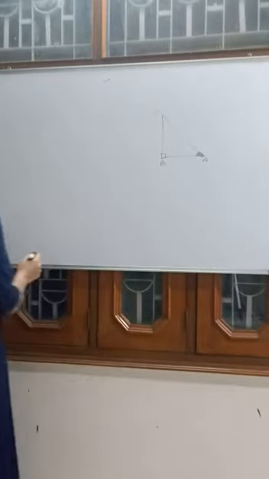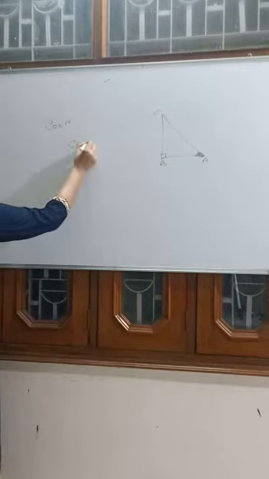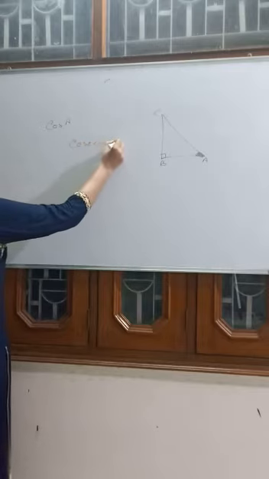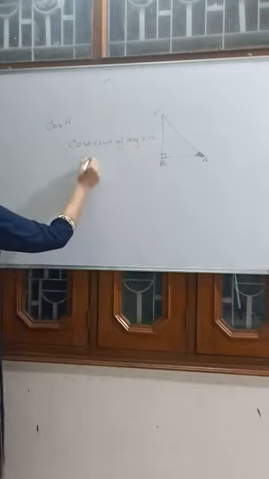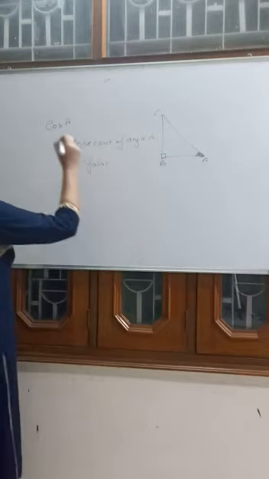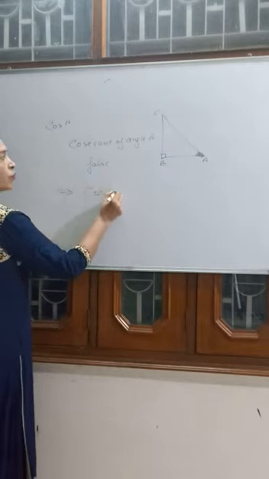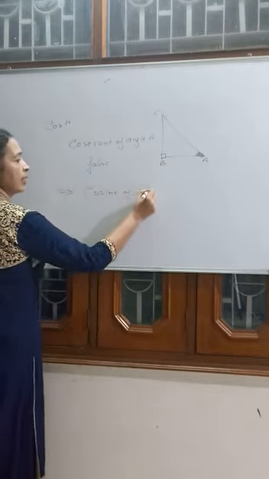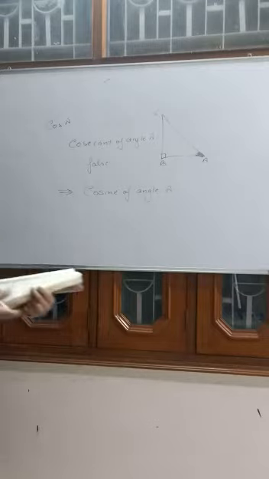Cos A is an abbreviation used for cosecant of angle A. It is false. What is cos A? Cos A is an abbreviation for cosine of angle A and not the cosecant of angle A. Cosecant of angle A is cosec A. Clear?